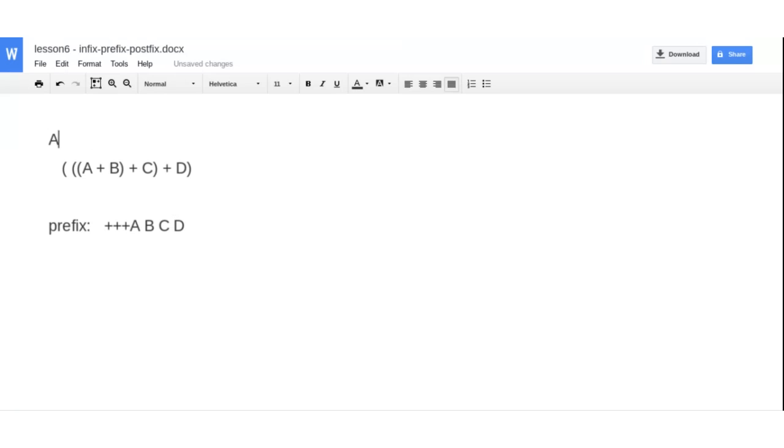So originally it was A plus B, sorry. Okay, so converting that infix to prefix. So first of all, do the fully parenthesizing.